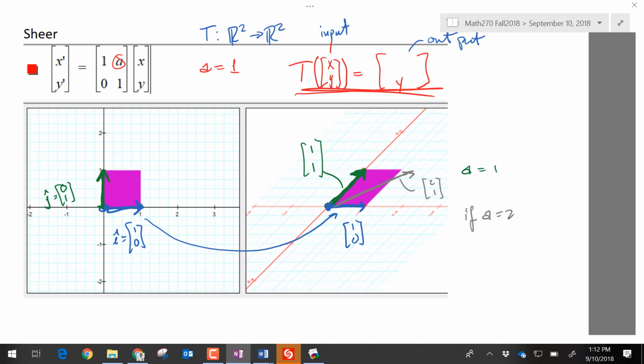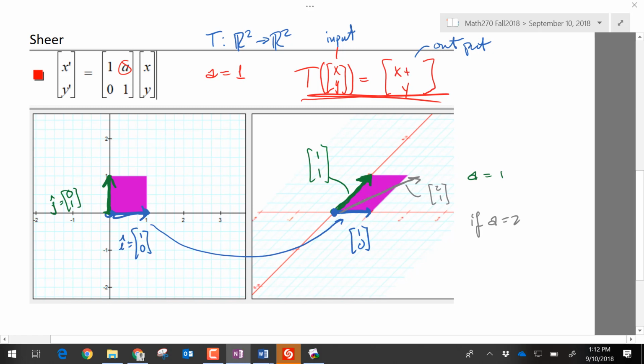All right. So I don't know. Maybe I should have started with this first. But for any value of a, a shear transformation can be described as this transformation T equal to x plus a times y, and y.